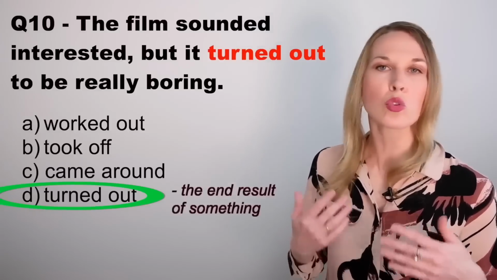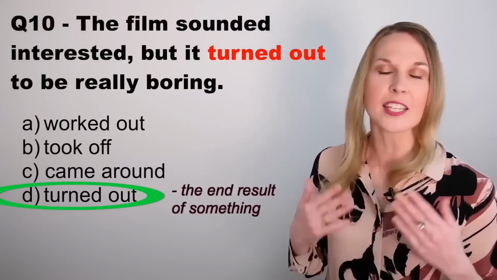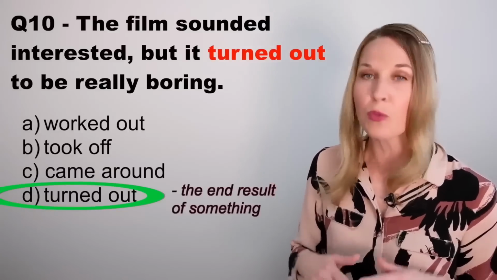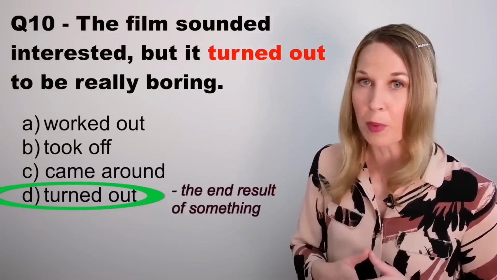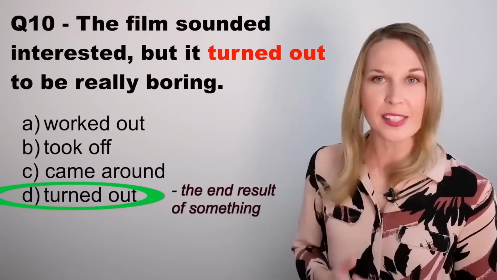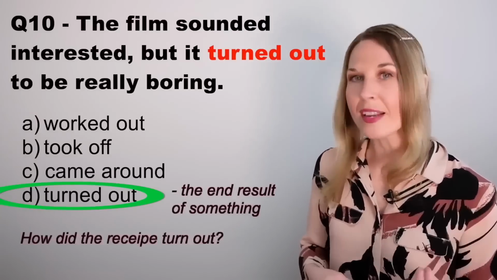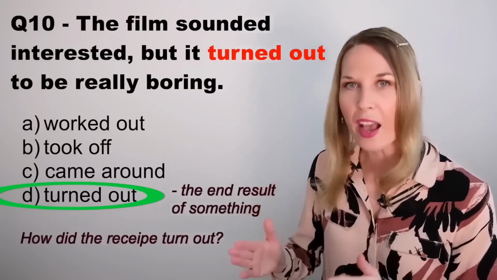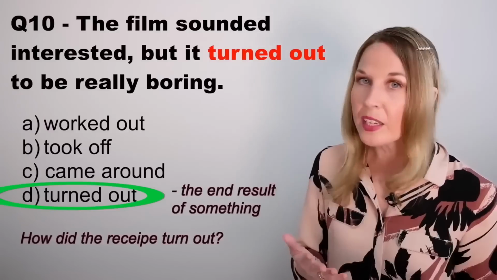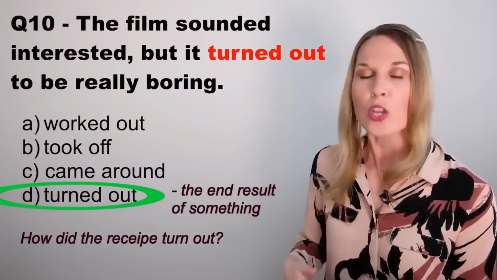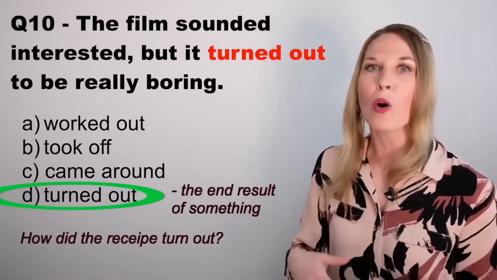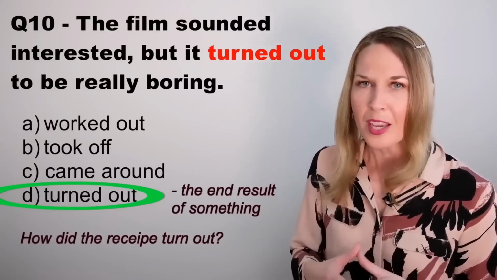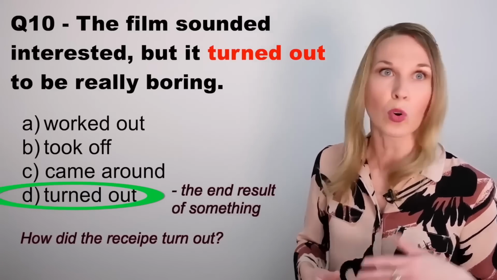So let's say you're trying a new recipe and it's for chocolate chip cookies. You've never made this recipe before. Your friend could say, how did the recipe turn out? How did the cookies turn out? Your friend is asking about the end result. Basically, your friend is asking, were they good?